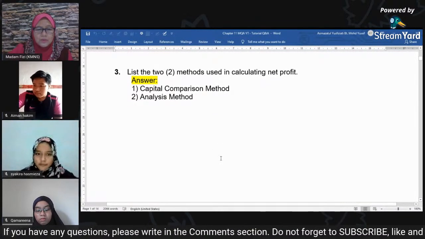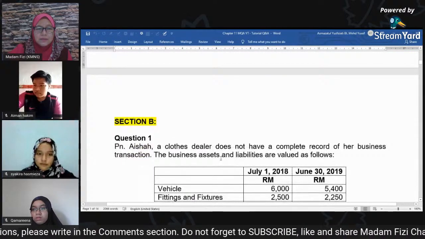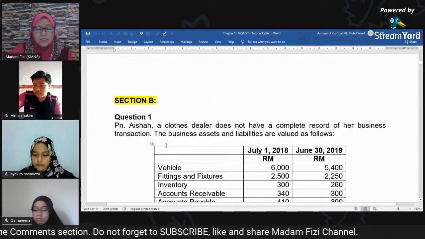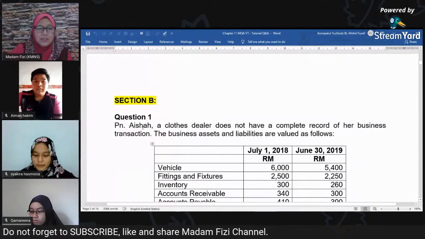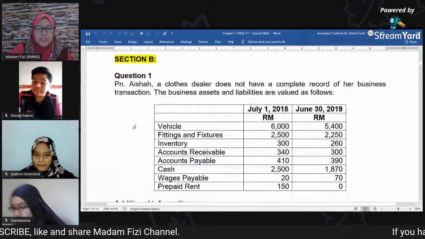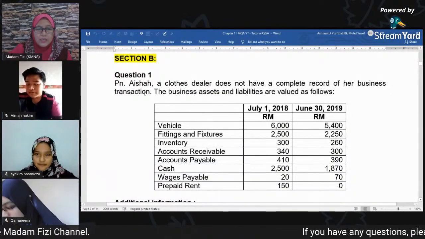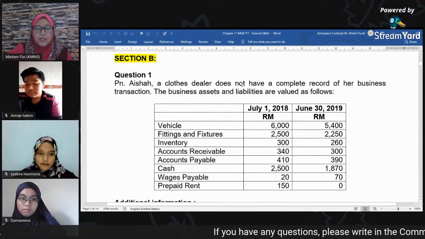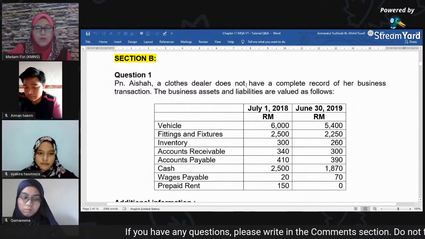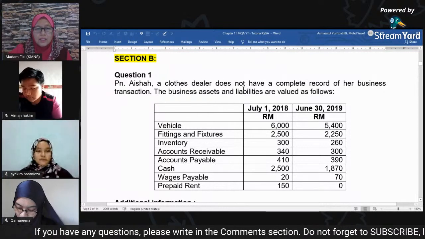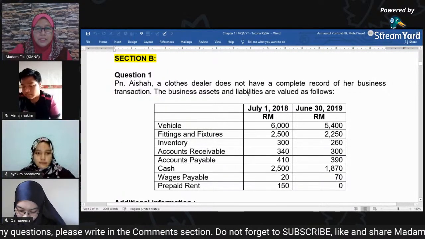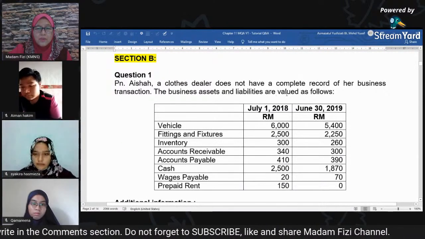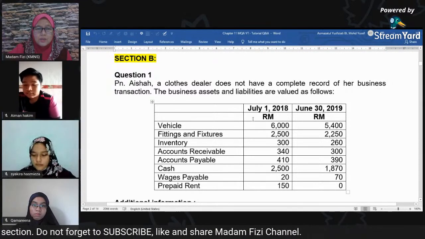Now we go to section B. Section B is the calculation. Section B, question 1. Wan Aisyah, a clothes dealer, does not have complete records of her business transactions. The business assets and liabilities are valued as follows.